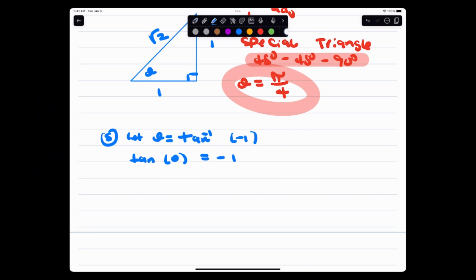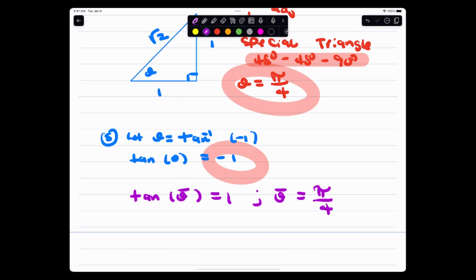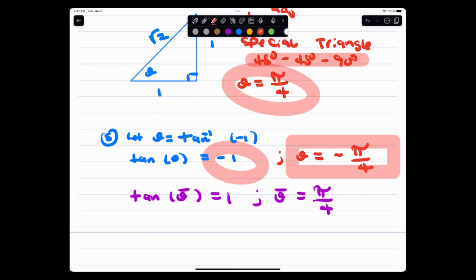And if it's negative, you guys know the drill. You have to go to the positive version, and you know that angle is pi over 4. Is that right? Which makes your final answer for theta simply negative pi over 4. Easy peasy, lemon squeezy.